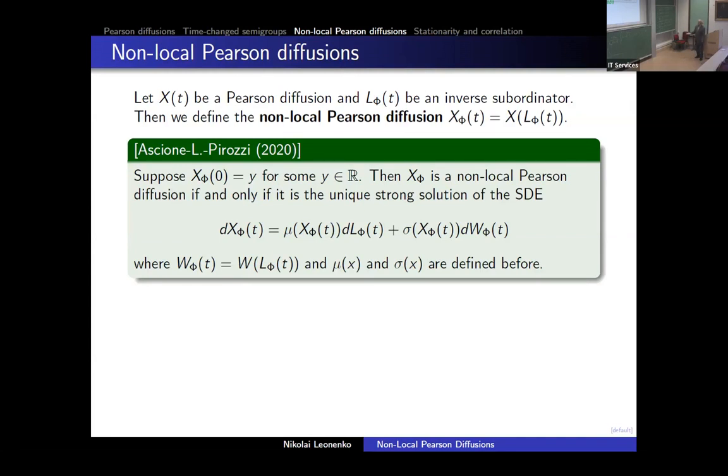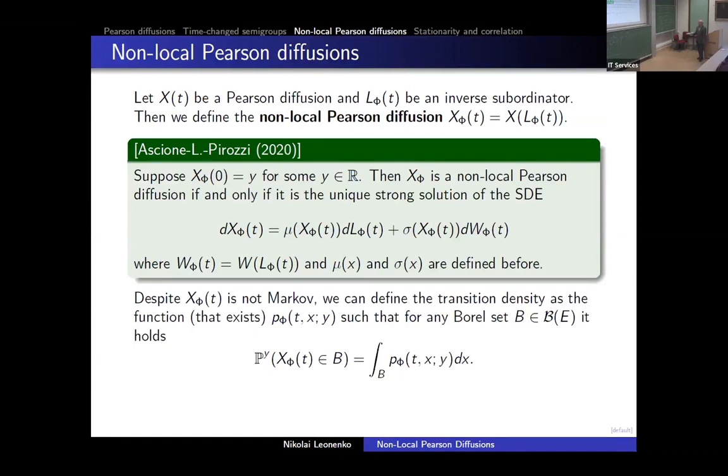We can use either language, but in this kind of a little bit nontrivial form. And since the process is not Markovian, we can use what we call transition density. Basically, this tradition came from the physical papers, to use transition density terminology for a non-Markovian case.